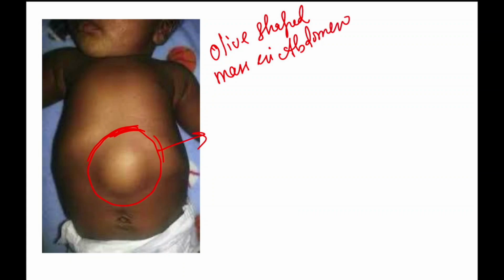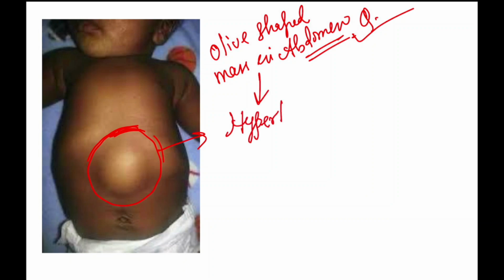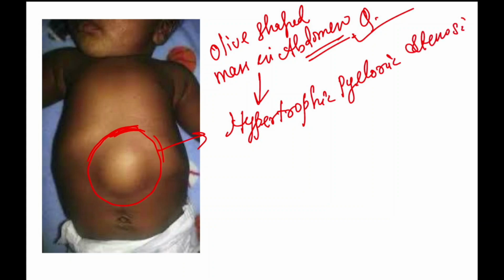The question is: an olive shaped mass in the abdomen is seen in infants and children. In which condition is it seen? The answer is hypertrophic pyloric stenosis. So the answer is within this line only.